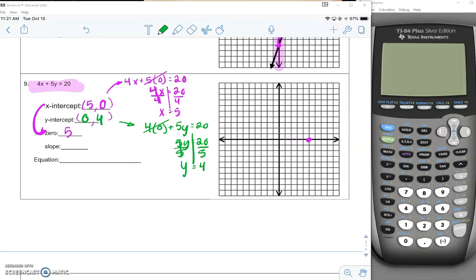Plotting this on my graph, 1, 2, 3, 4. I can draw my line. My slope is negative. And I am going down 1, 2, 3, 4 over 1, 2, 3, 4, 5. My slope is negative 4 over 5. My equation in slope-intercept form, I can fill in y is equal to my slope, negative 4 over 5x, plus my y-intercept, so plus 4, mx plus b.